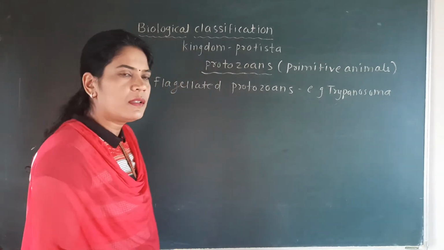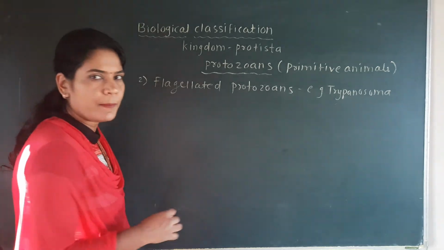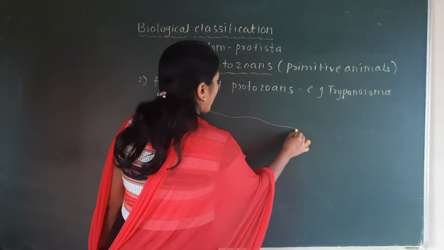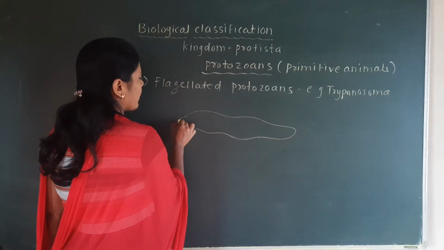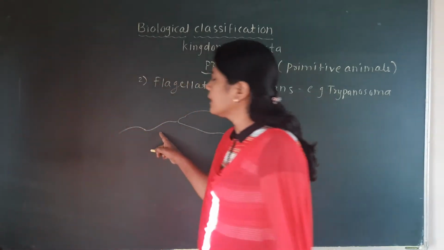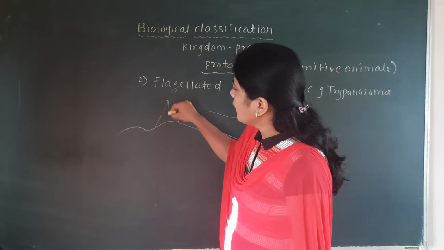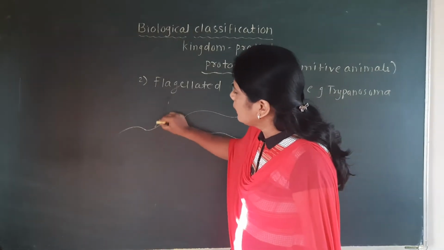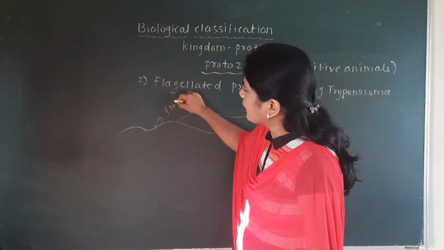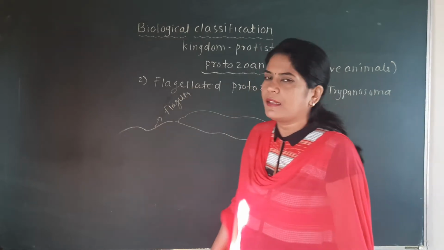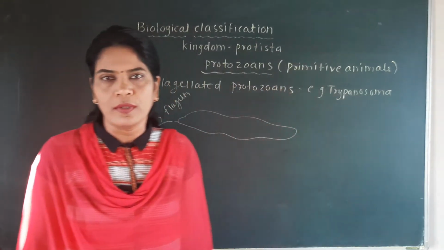If you want to know the structure of the trypanosoma, you will find such a structure, and this is what is called the flagella. It is the flagella. Okay, so this is the flagella, and that's why the organisms are called flagellated protozoans.